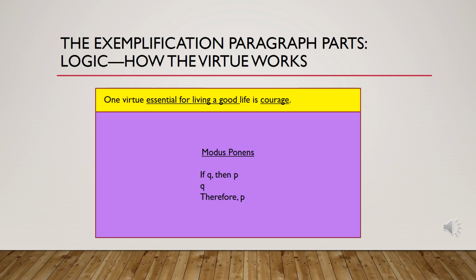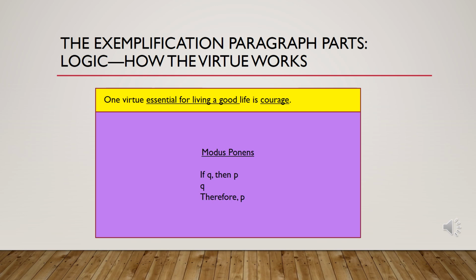There are many ways to explain in a general fashion how a particular virtue works, but in my experience, I think it's easiest to give students a little bit of a logic lesson. What I suggest that you do for your explanation prior to the example is to use what logicians call the modus ponens. As you can see, I have it listed out here.